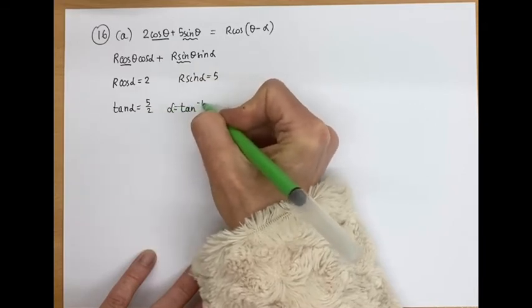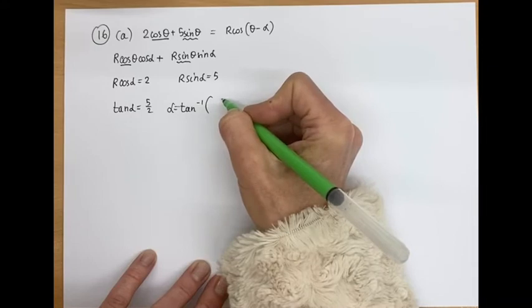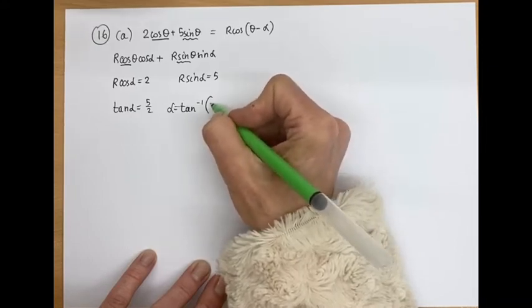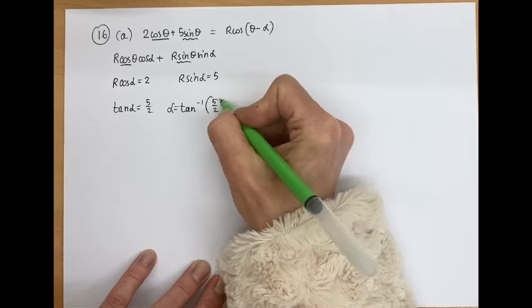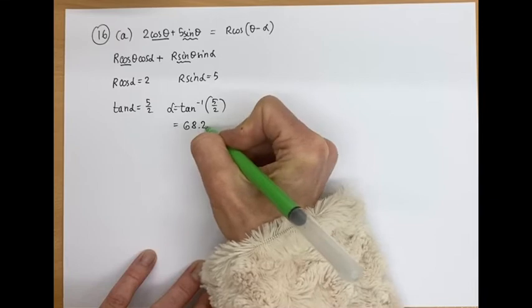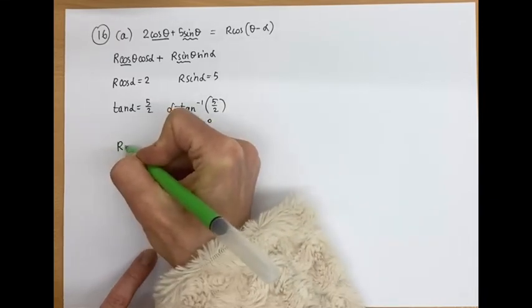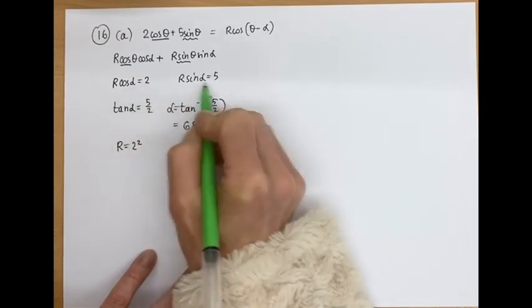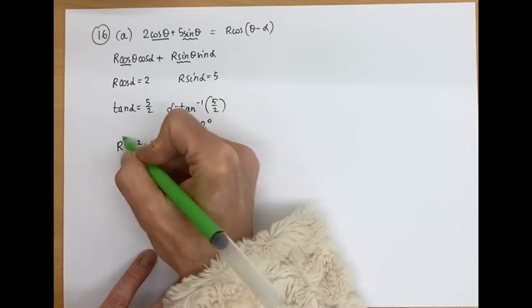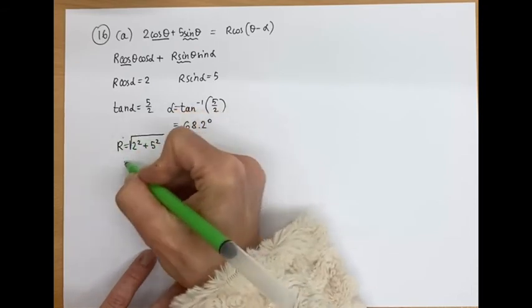So alpha must be the inverse of tan of 5/2, and that gives me 68.2 degrees. The value of R is 2 squared plus 5 squared, so these are those numbers here, added together. Let's square root it this time straight away.